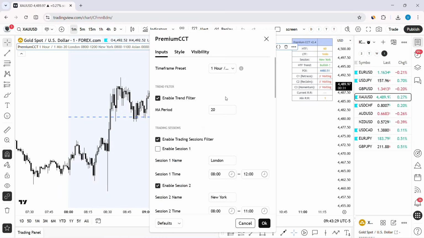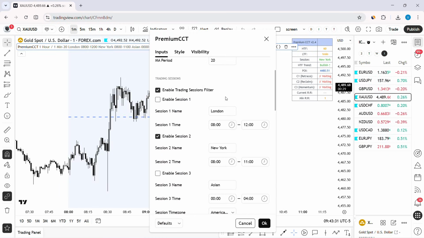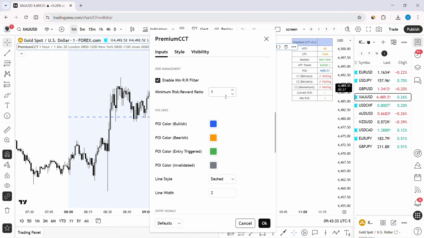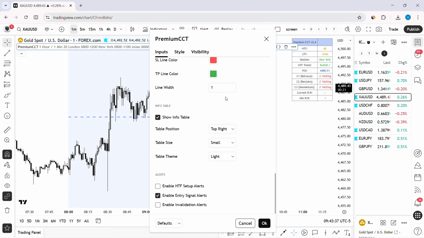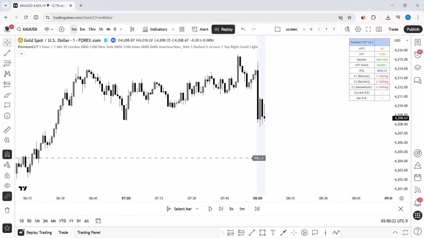The Premium CCT Indicator comes packed with advanced functionality on top of the core CCT strategy, making it a complete decision-making tool rather than just a signal service. More of this later in the video. In this video, we will first go through the exact indicator settings and then we will backtest the strategy on the 1 hour and 1 minute preset so you can see how it actually performs in real market conditions.